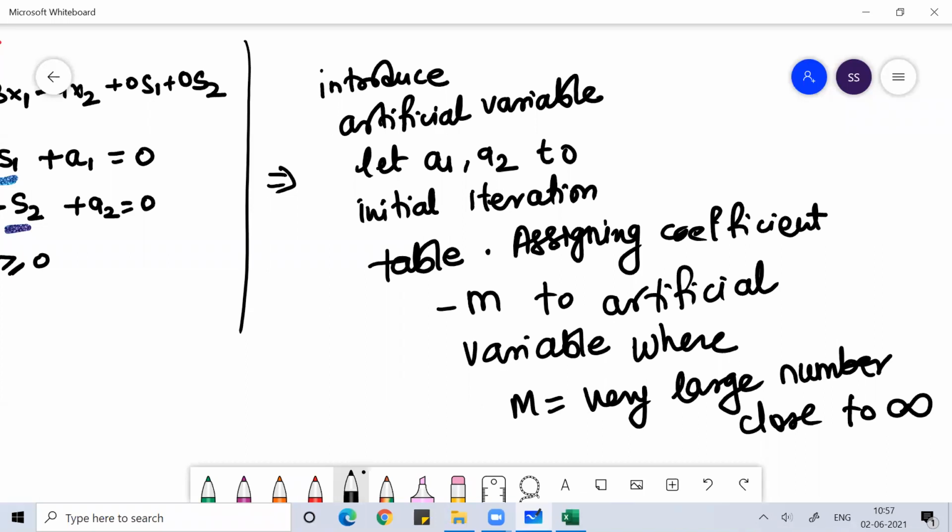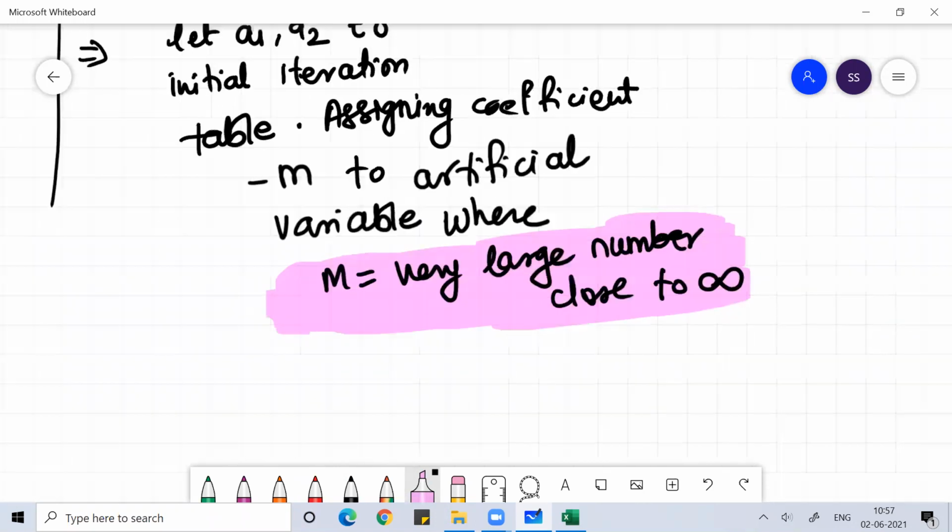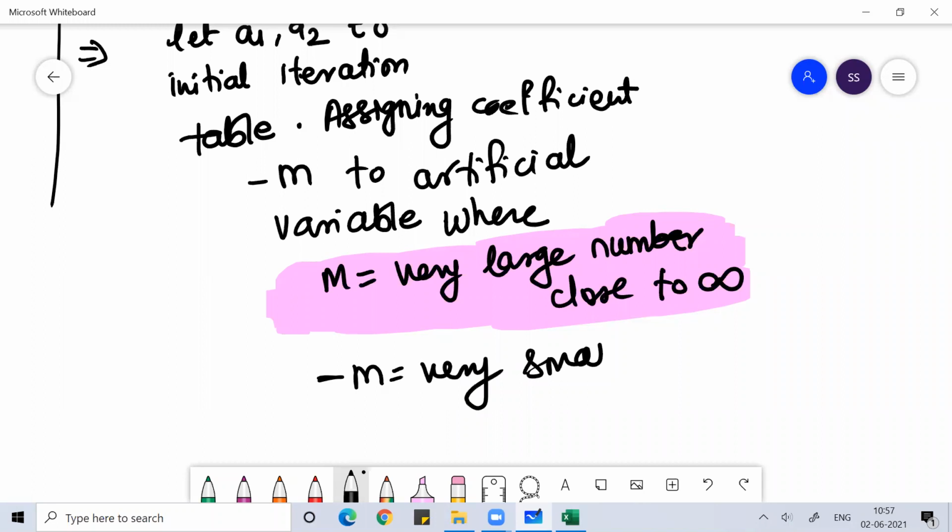That much value you are not putting; you are putting minus M. So if M is a very large number, close to infinity, then minus M will be a very small number, close to zero. Limit to zero, but it's not zero.